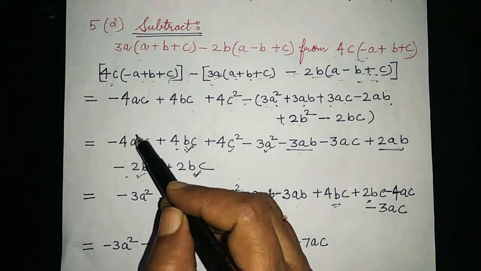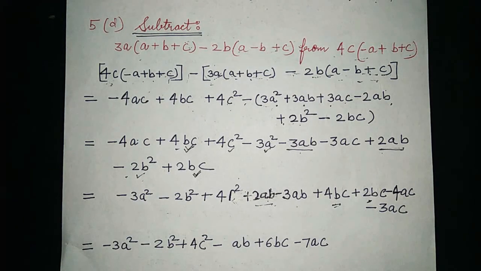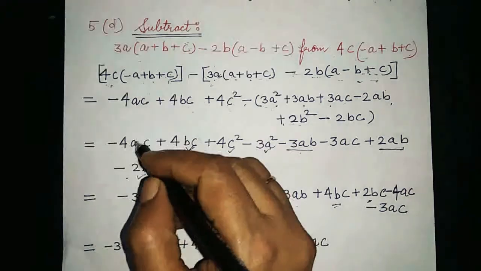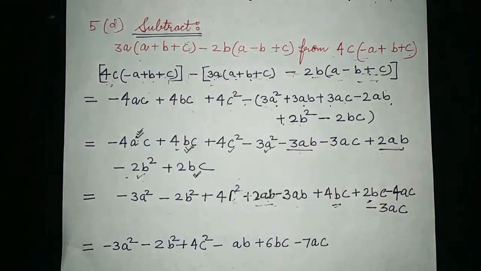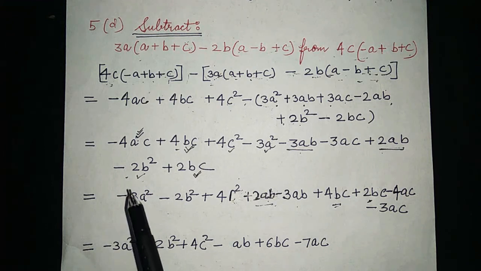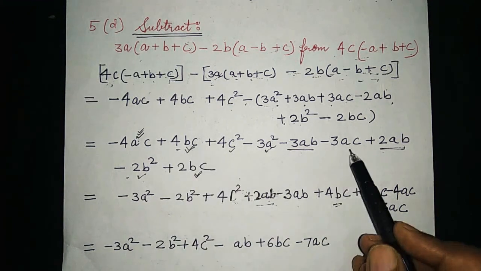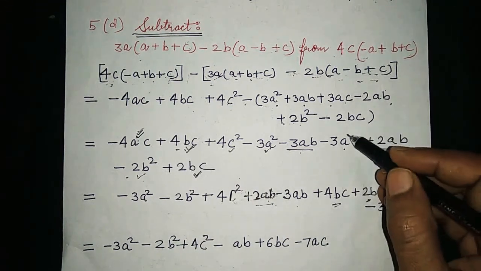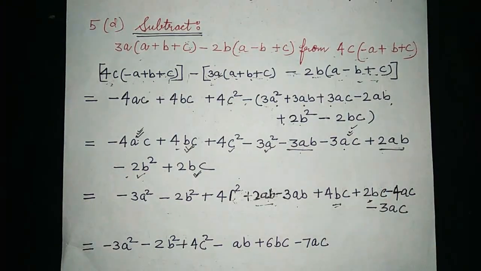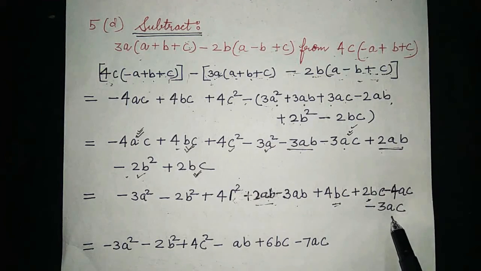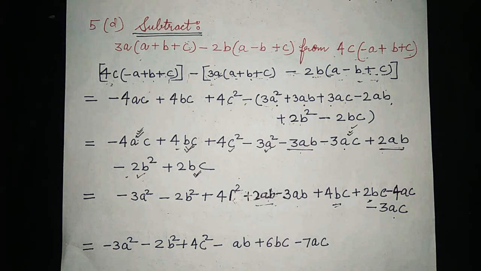Now we can see here minus 4ac and like 4ac, we can see minus 3ac. So these two we will write here, minus 4ac, minus 3ac.